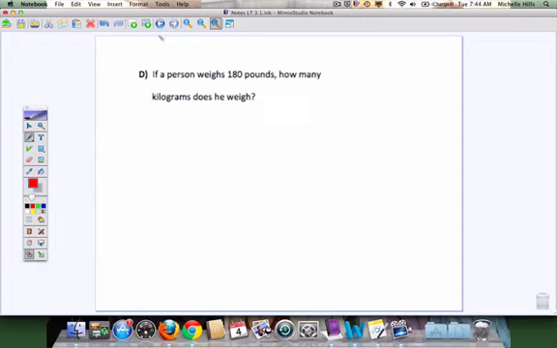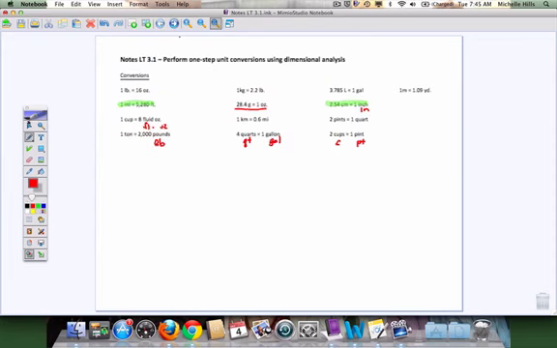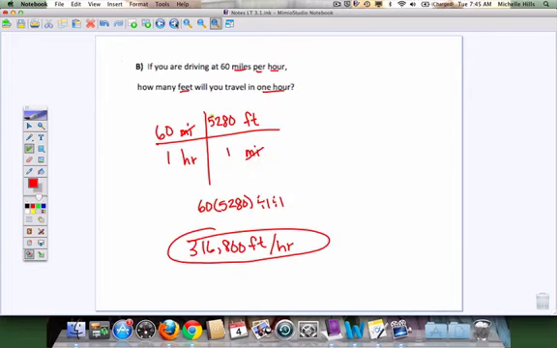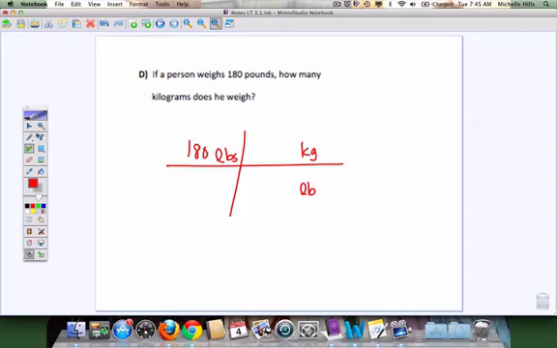And last but not least, if they weigh 180 pounds, how many kilograms do they weigh? My starting information, 180 pounds, just one unit, so it goes up in the upper left. I want to convert from pounds to kilograms. And since these are one-step conversions, I know there's got to be a conversion factor with those. So pounds to kilograms. 1 kilogram is equal to 2.2 pounds.